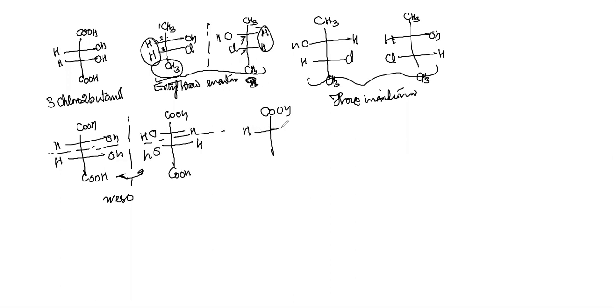Now, the optical isomer of tartaric acid will be like this: H, OH, OH, and H, and COOH. So this molecule will show optical activity. Next one, the mirror image of this: OH, H, H, and OH here, and COOH.